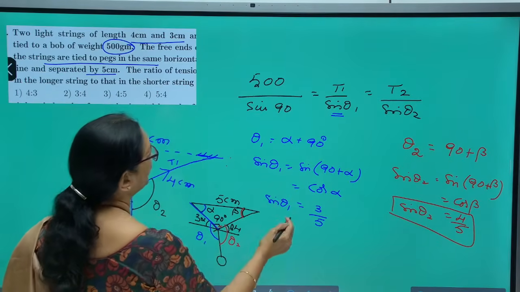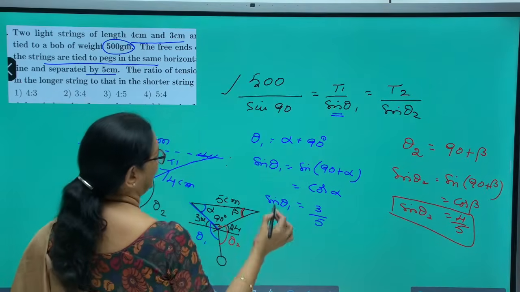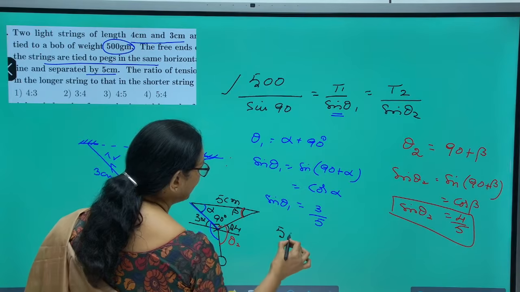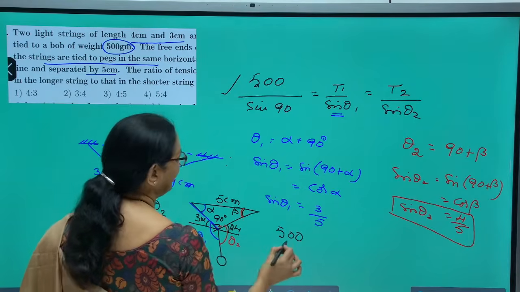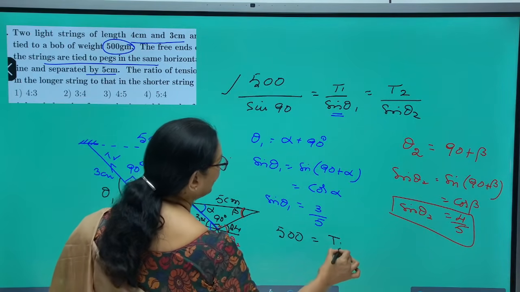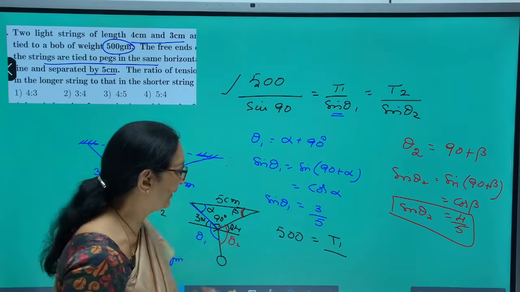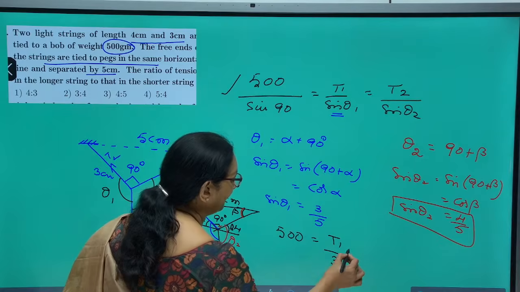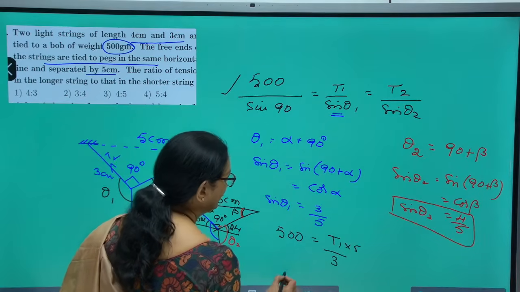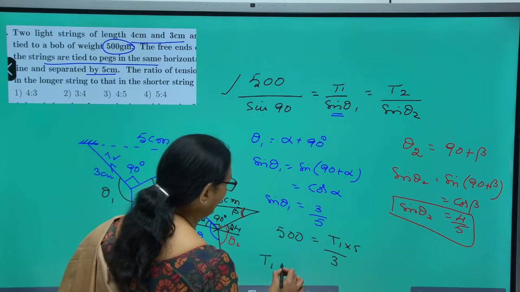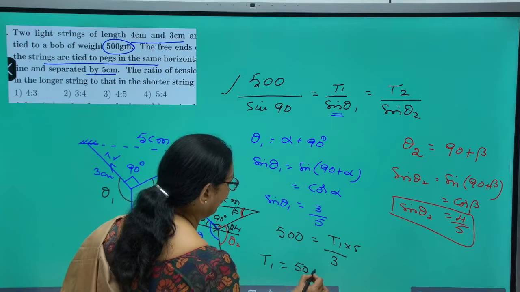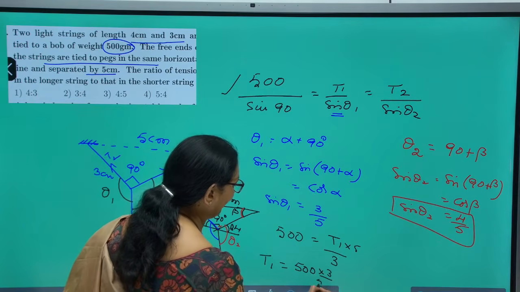So, substituting this in this expression, 500 by sin 90, which is 1, is equal to T1 by sin theta 1, which is 3 by 5. So, here T1 is equal to 500 into 3 by 5.